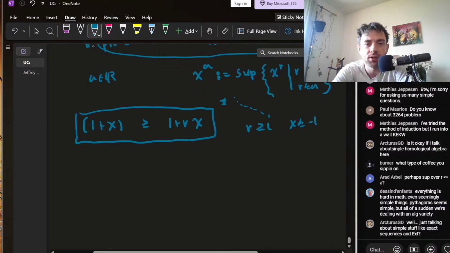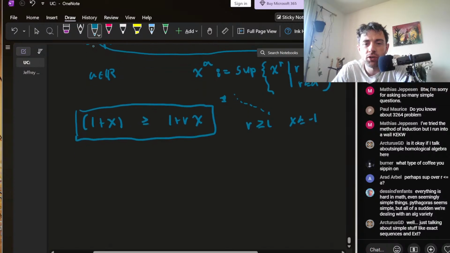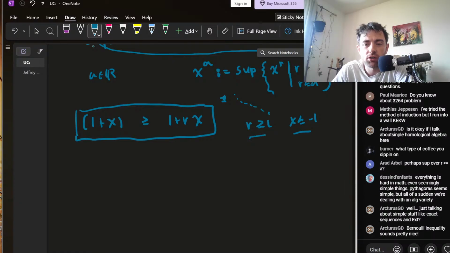But of course, x is negative, r is positive. So definitely x is going to be larger than rx, right? You've just taken a negative number and multiplied it by a larger positive number. This is going to be more negative, and you add 1 to both sides of the equation. So definitely holds.